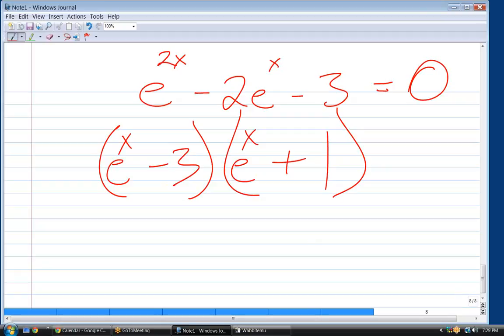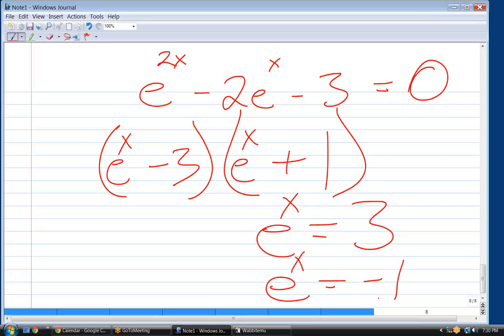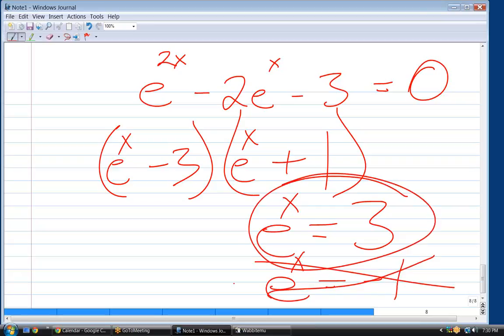And that gives you that quadratic. So now I go through the exact same procedure, only it's a little more efficient without using substitution. Here's my two solutions. This is clearly impossible. Solve that and you're done.